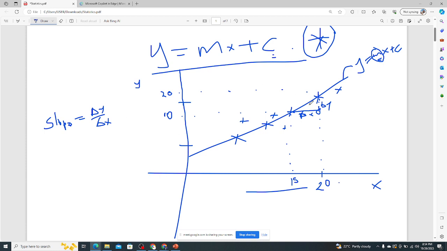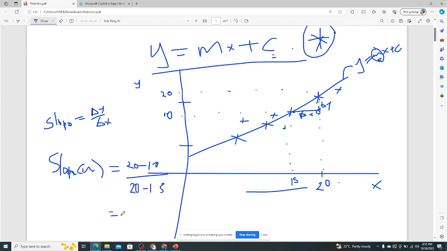So calculating this value, our slope, which is our m value, will be given by change in y, that is 20 minus 10, divided by change in x, that is 20 minus 15.